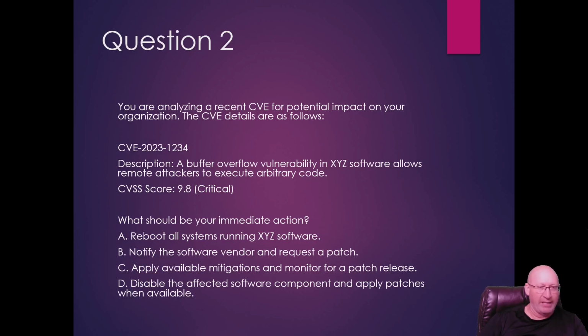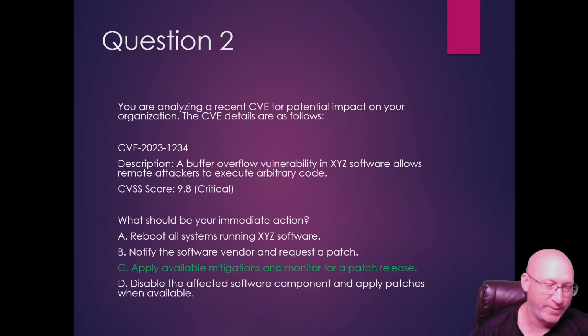We're going to mitigate the vulnerability, and then monitor for a patch release. We're probably going to notify the software vendor as well, but we're definitely going to be looking for that patch. But our first action is to mitigate it. We're going to look for a patch first, and if there's no patch available, then we're going to mitigate. That's the streamlined effect. So C is going to be our correct answer on that one.